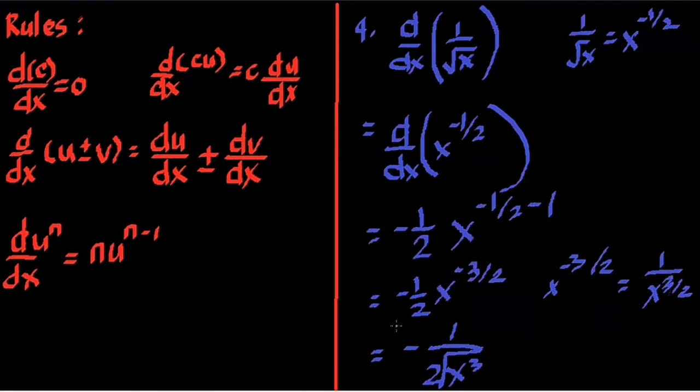So we have our answer as the derivative of 1 over square root of x, which is negative 1 over 2 square root of x cubed.